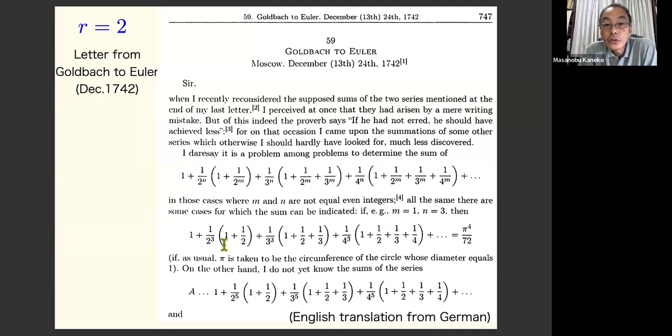And he mentioned, on that occasion, I came upon the summation of some other series, which, etc. So this is double zeta values, except that this allows the equality sign in the definition. But essentially, this is double zeta values.